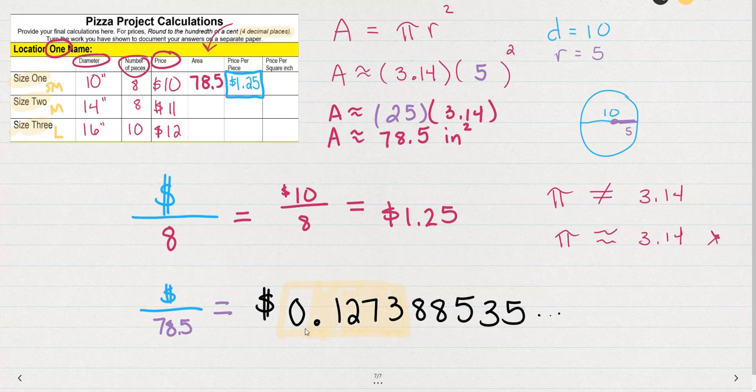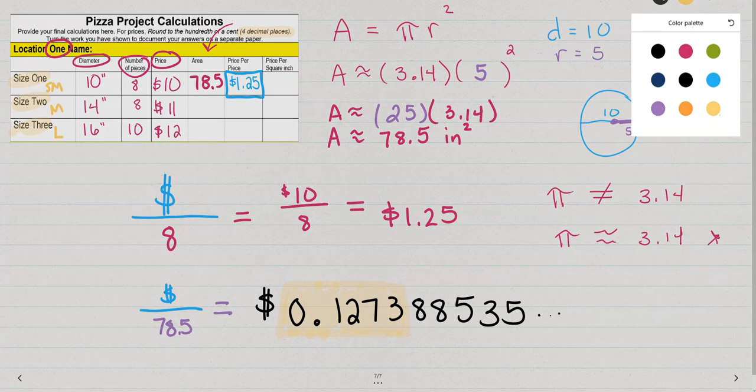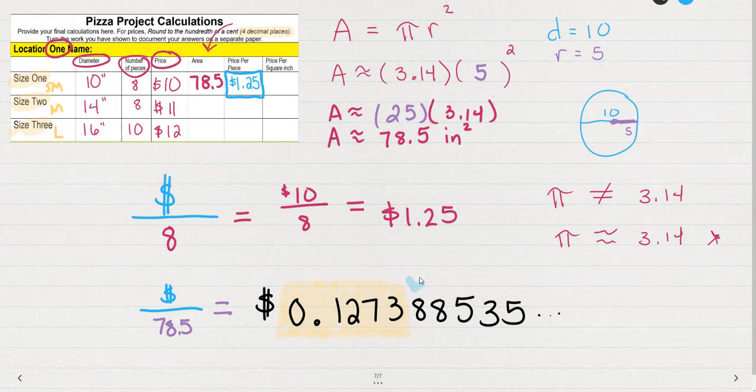So that would be rounding here. But as I round, I want to notice that we've got an 8 following that 3.